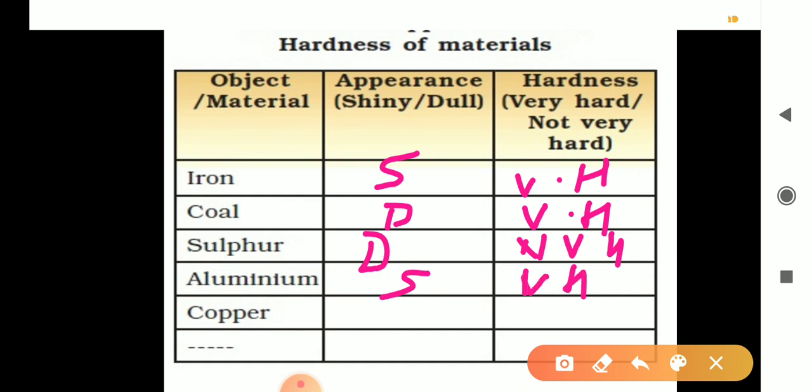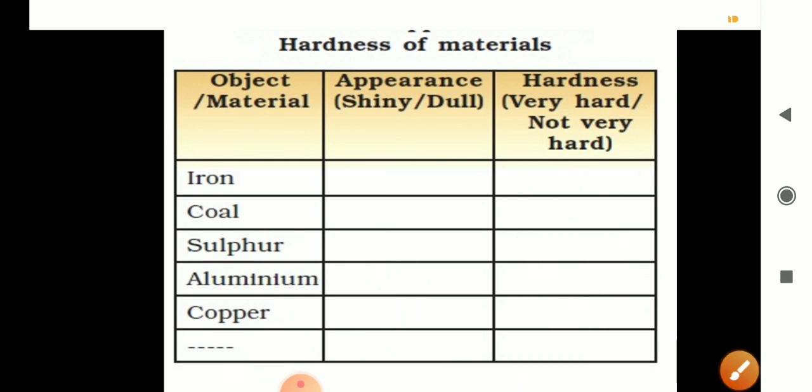Then copper. Copper is also shiny and it is also very hard. Then see one more, suppose it is gold. What about the gold? Gold is shiny and it is also hard. Is it okay? Then you will draw this table in your notebook also.